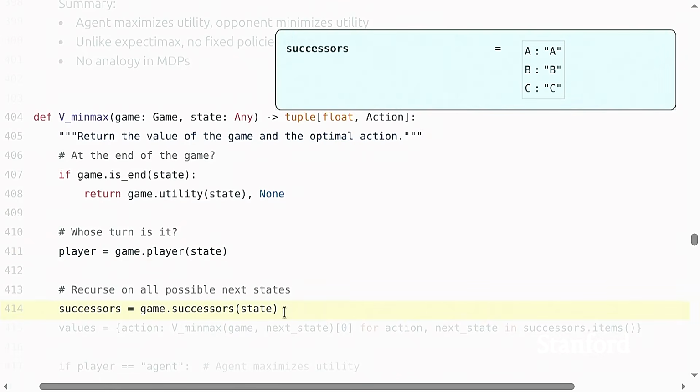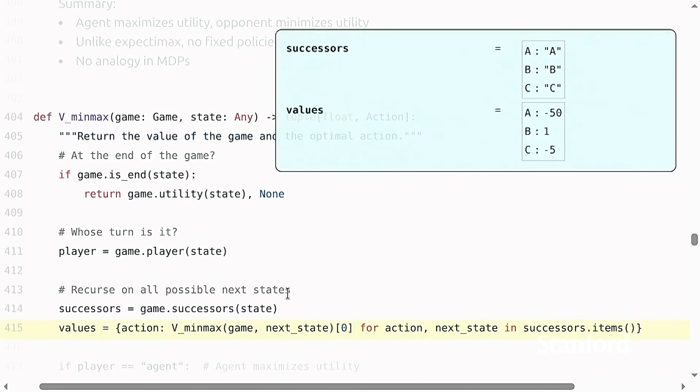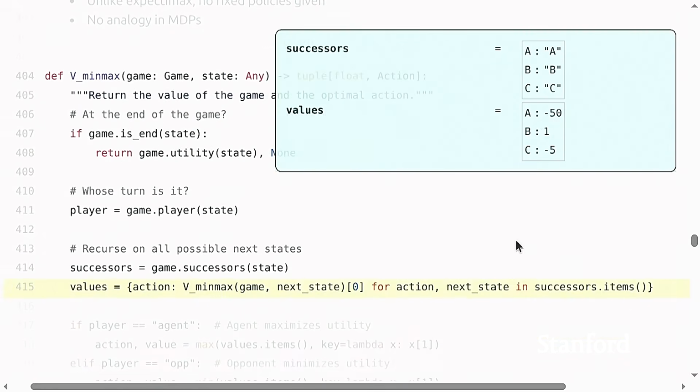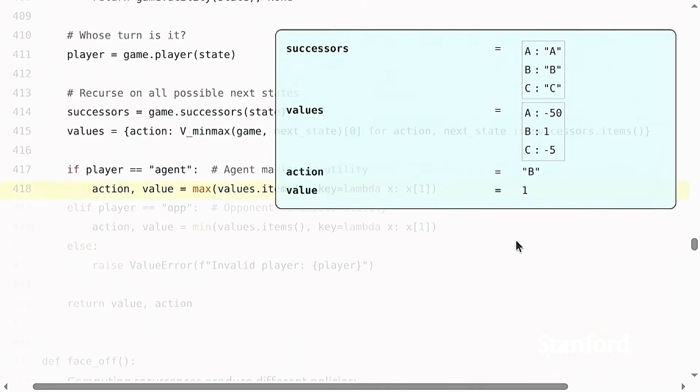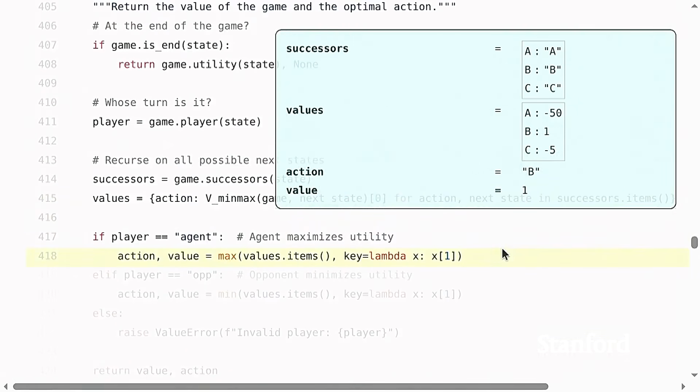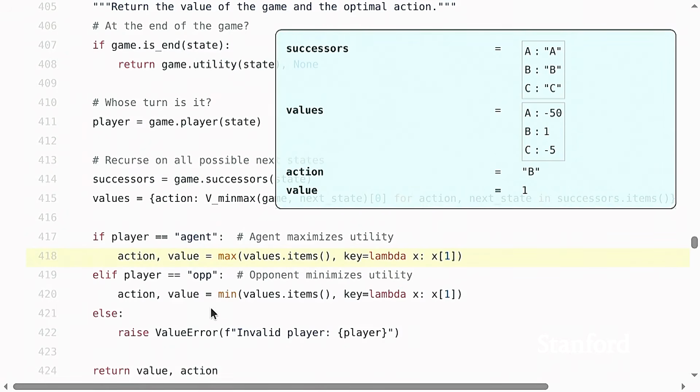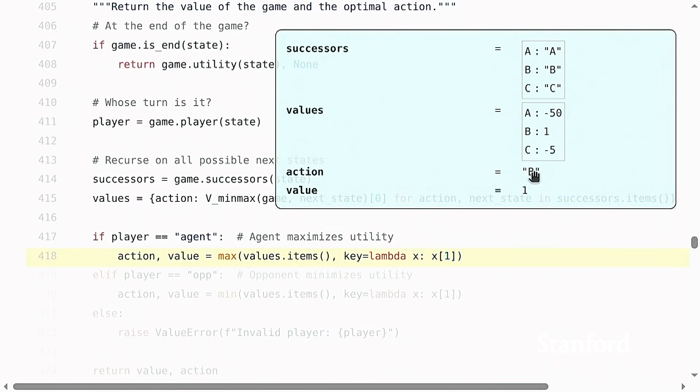I'm going to recurse on all possible next states and get a set of values: minus 50, 1, and minus 5. Then if I'm the agent, I take a max over all of these values, and if I'm the opponent, I take a min over those values. That's going to give me, in this case, action B, which gives me value 1.